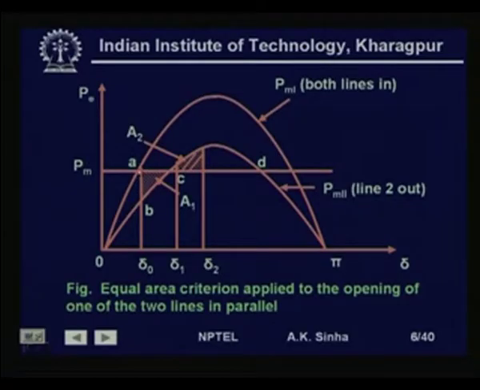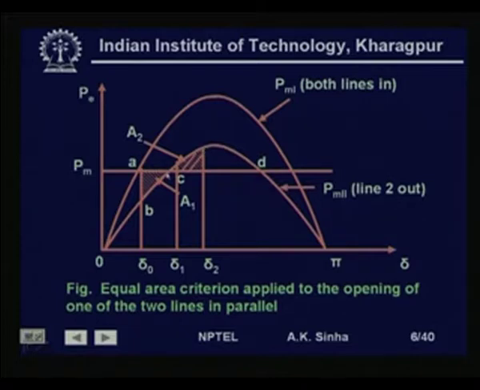So the operating point shifts from A to B, and the electrical power output is much less than the mechanical input. Therefore we have an accelerating power available, and so the delta angle will keep on moving. When it comes to this point, P m and P e will be equal, but the speed will be somewhat higher than the synchronous speed.